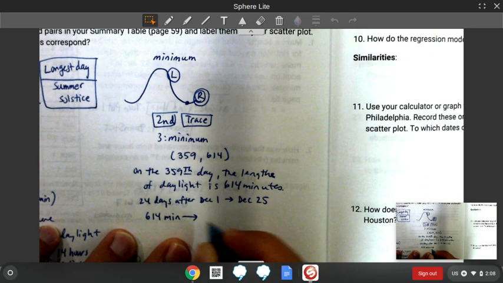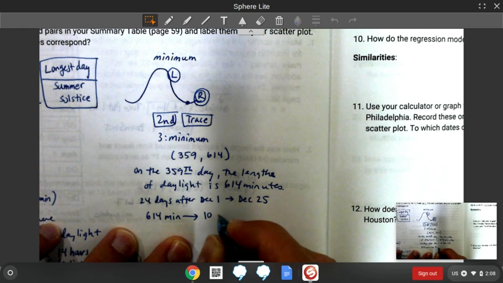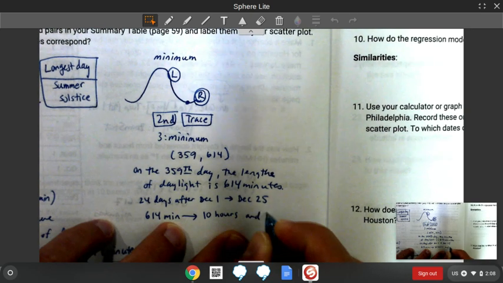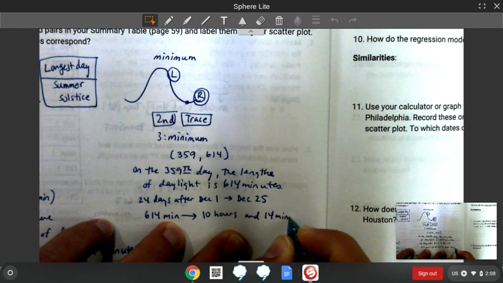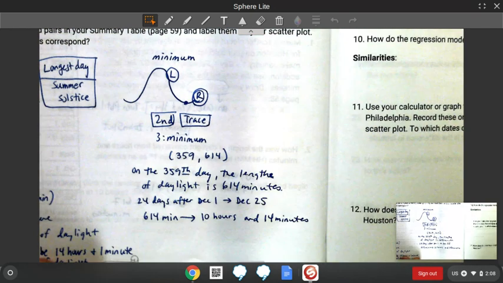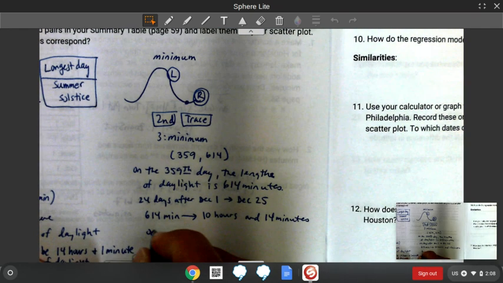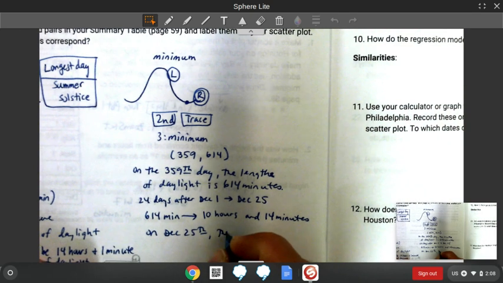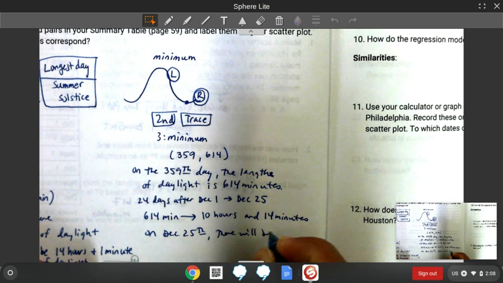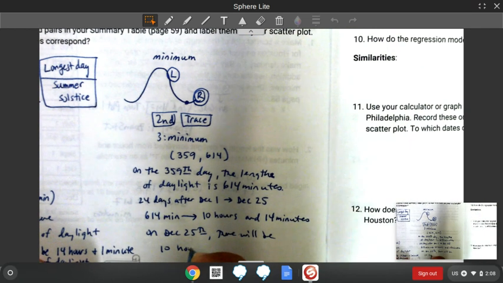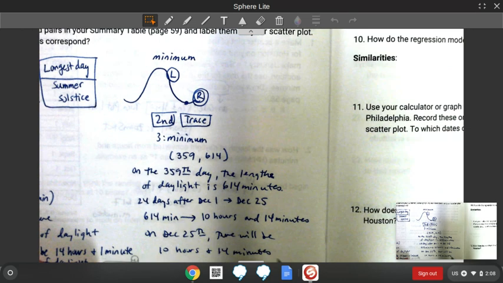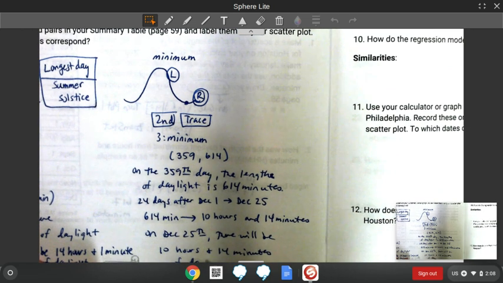I know that 10 hours will be 600 minutes. And I have the 14 extra minutes there. So on December 25th, there will be 10 hours and 14 minutes of daylight.